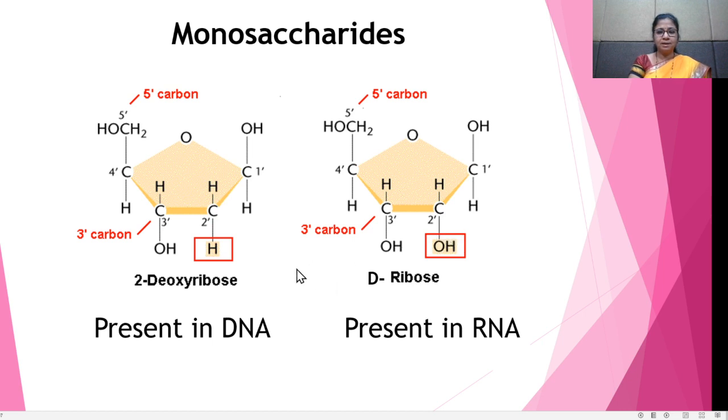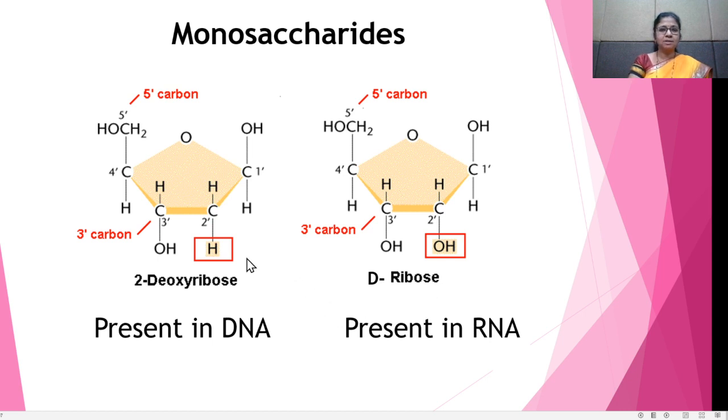And in DNA, carbon number 2 has two hydrogen atoms. In this way, the sugar present in DNA is 2-deoxyribose sugar, and the sugar present in RNA is D-ribose sugar.